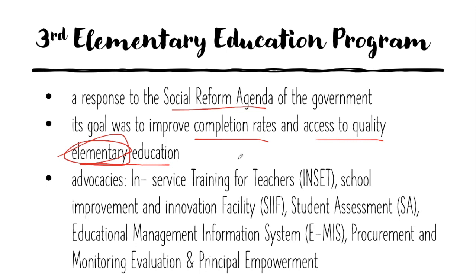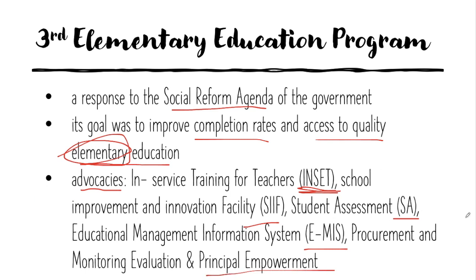Now, although its focus is just elementary education, it has actually given us a lot of changes, a lot of advocacies. The first one, of course, very important, is what we call the INSET, the in-service training for teachers. Then you have the School Improvement and Innovation Facility, or CF, Student Assessment, or SA, Educational Management Information System, Procurement and Monitoring Evaluation, and Principal Empowerment.